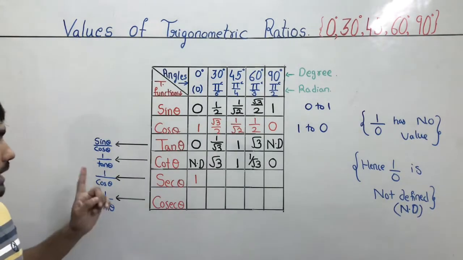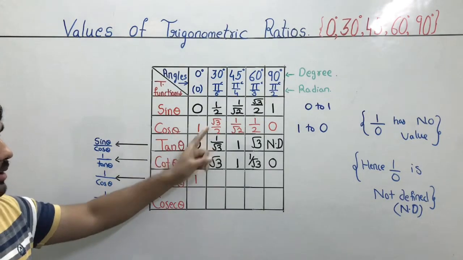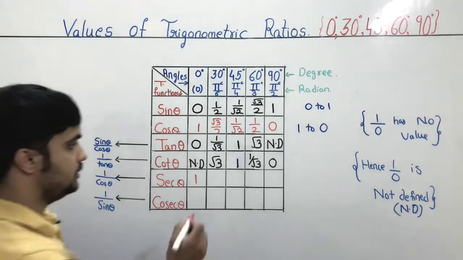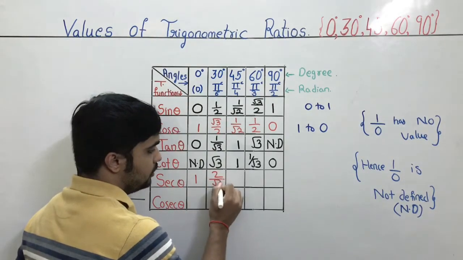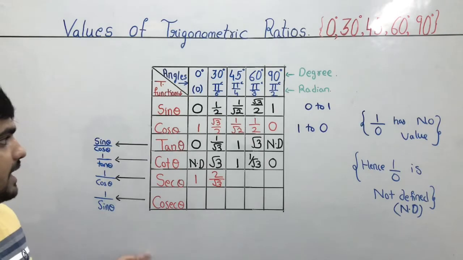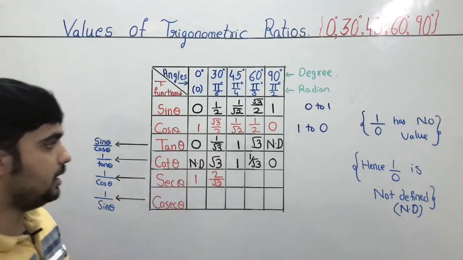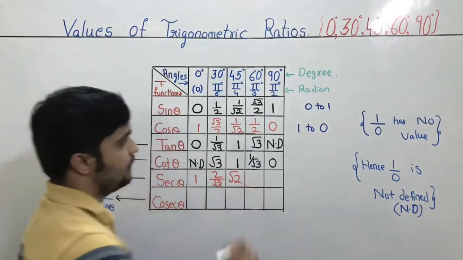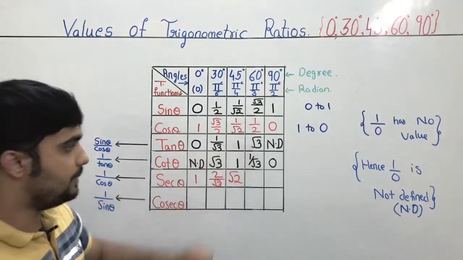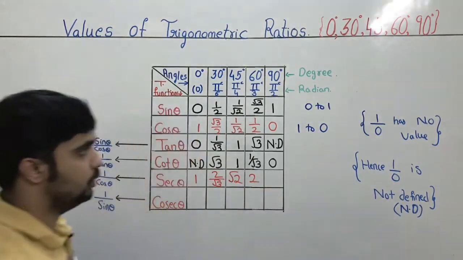Next, sec 30 degree will be the reciprocal, that is 2 upon root 3. Then sec 45 will be root 2. Then sec 60 will be 2 by 1, or 2.